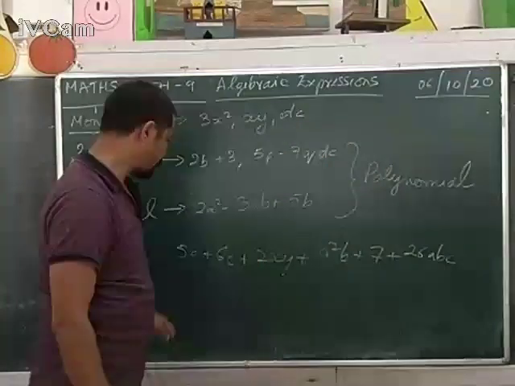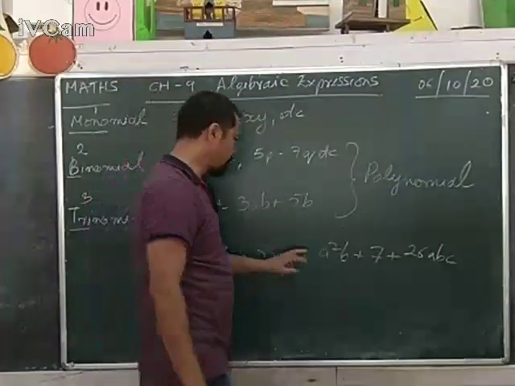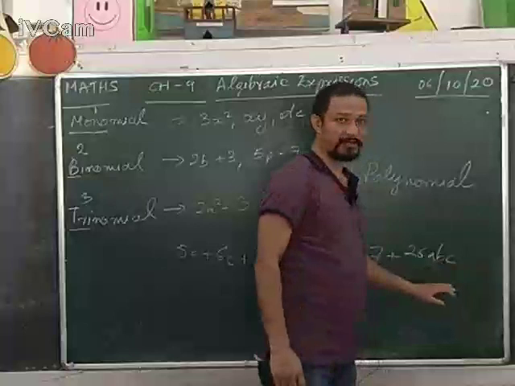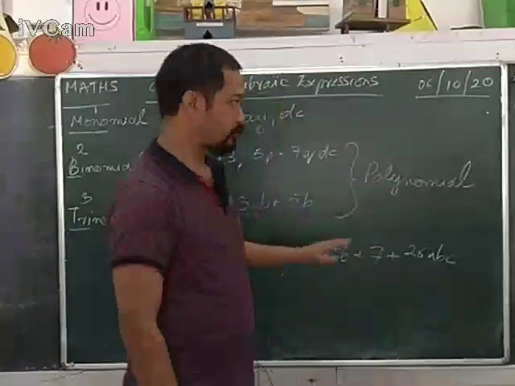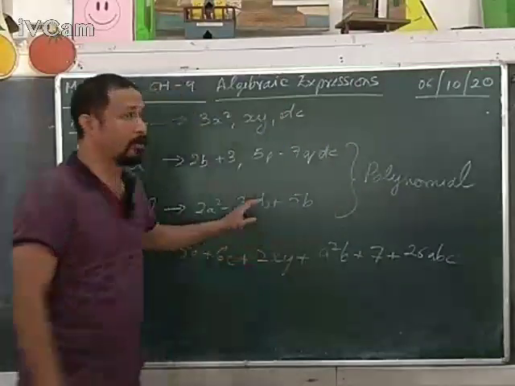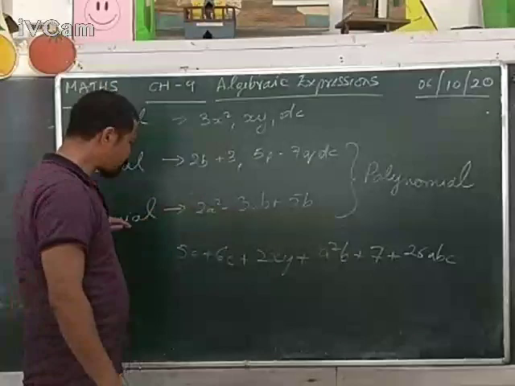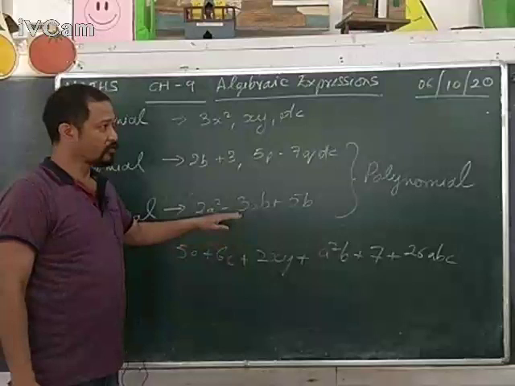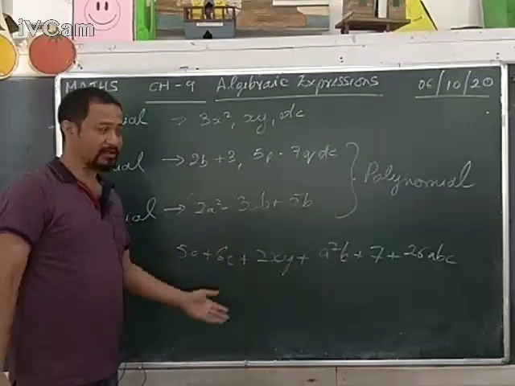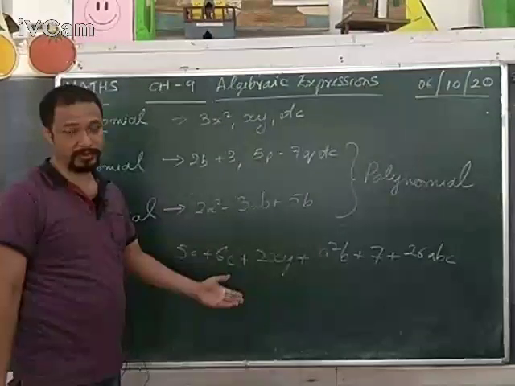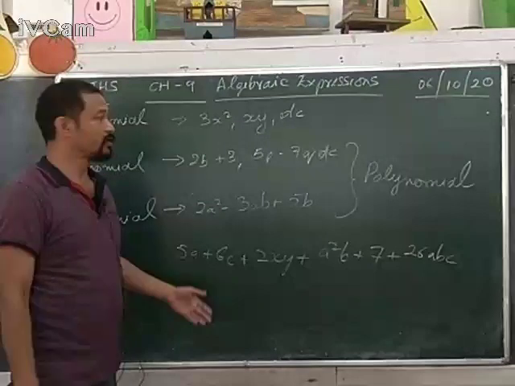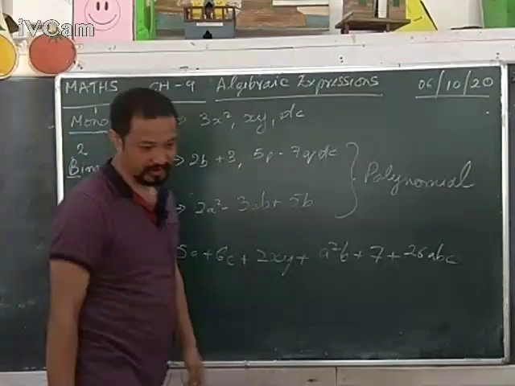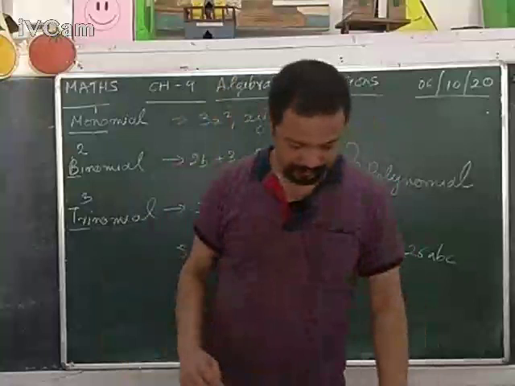So how many terms are there? 1, 2, 3, 4, 5, 6. So if it's more than 2, it's called a polynomial. But till three expressions, we have a term called trinomial, right? So generally speaking, if it's more than 3, we'll call it polynomial. But actually, polynomial means more than 2 expressions. Okay, so this is very important.